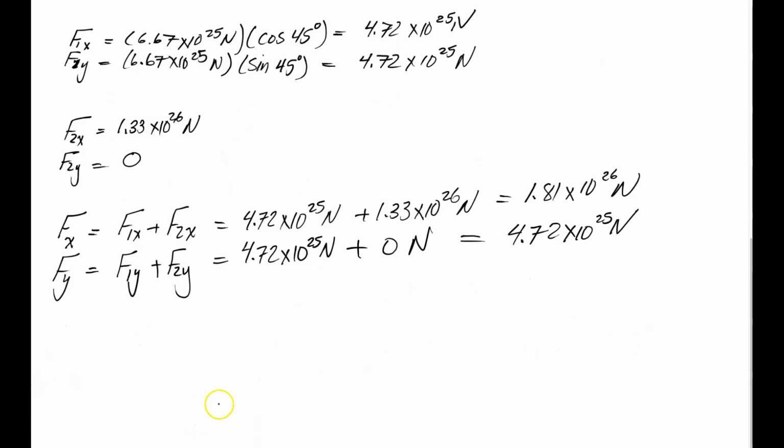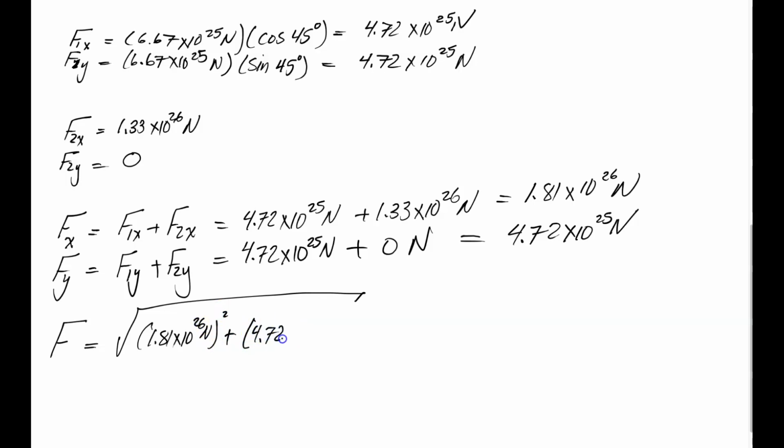And that will mean that F, the resultant force, or the force on O, is going to be the square root of the x component, 1.81 times 10 to the 26th newtons quantity squared, plus the y component, 4.72 times 10 to the 25th newtons quantity squared, or 1.87 times 10 to the 26 newtons.